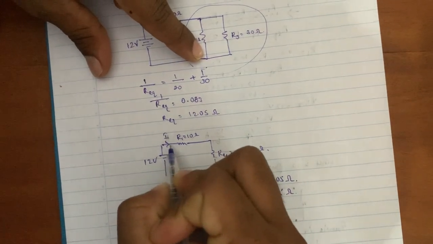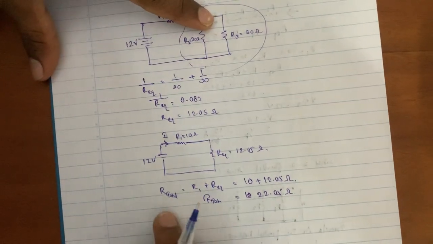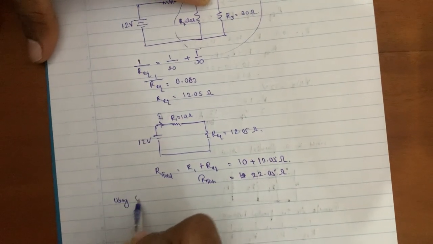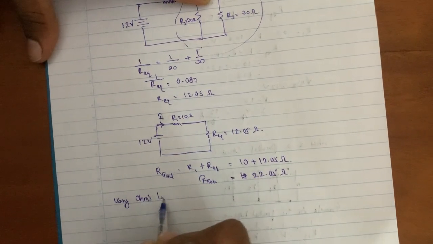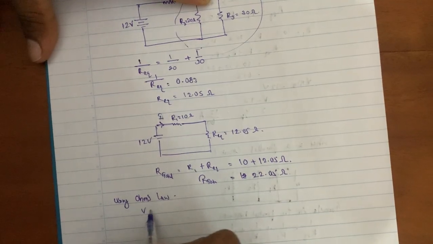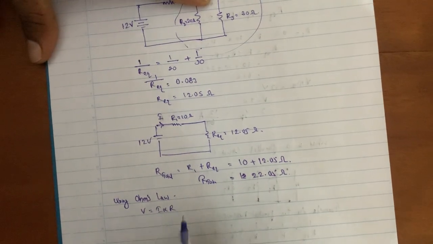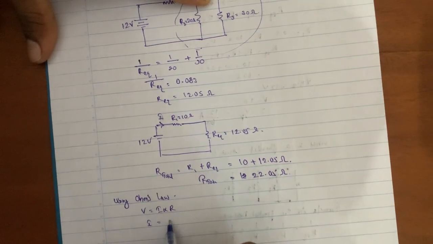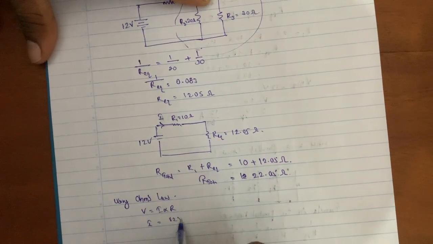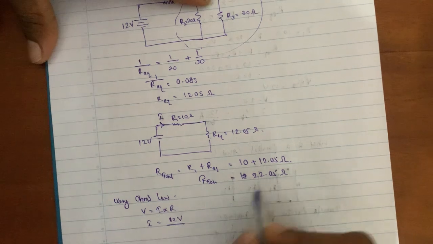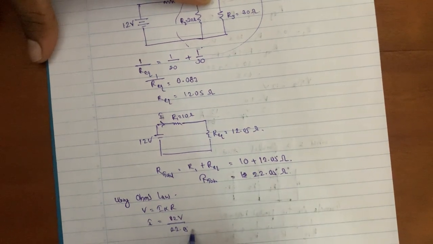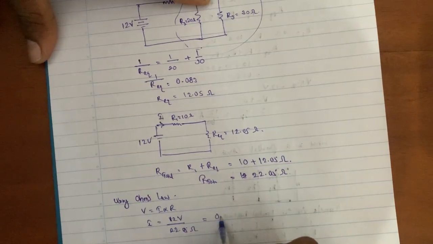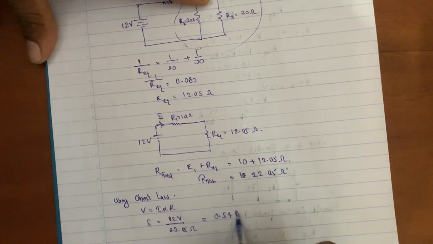Now you can easily find the current flow through this circuit. Let's say it is I. Using Ohm's law, V equal I into R, you can find I. V is 12 volt, and R is 22.05 ohms. This gives 0.54 amperes.